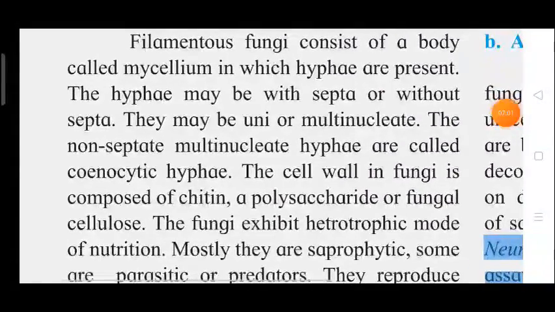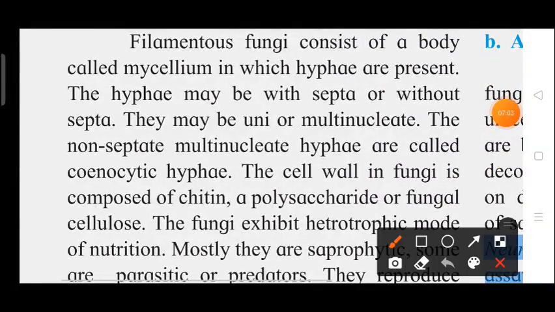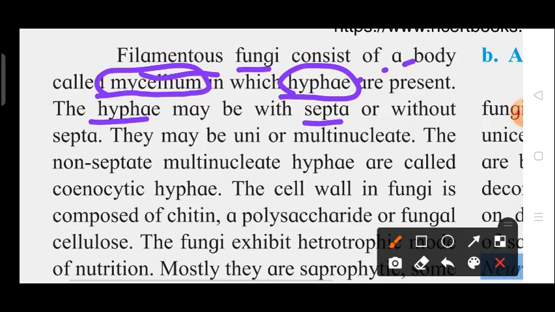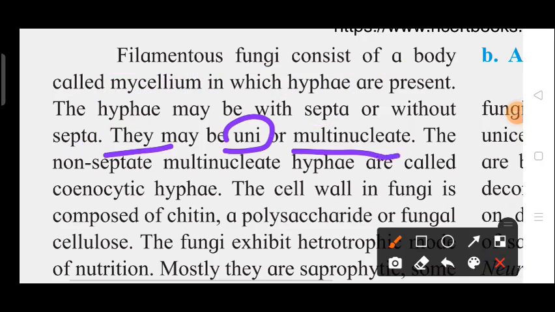A filamentous fungus consists of a body called mycelium, in which hyphae are present. These are filamentous structures. Hyphae may be with septa or without septa. Uni means one, multi means many.